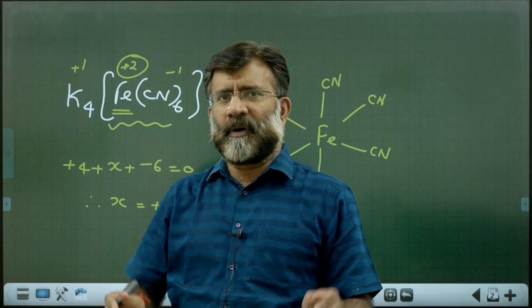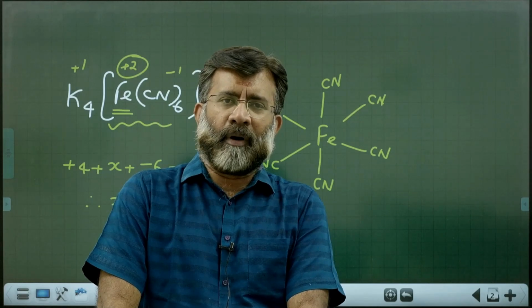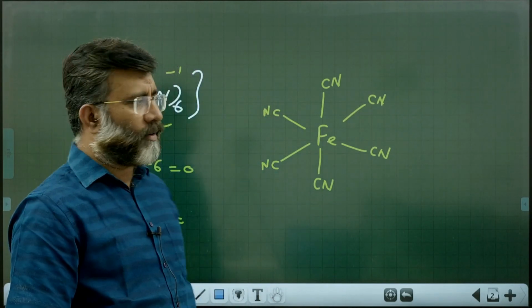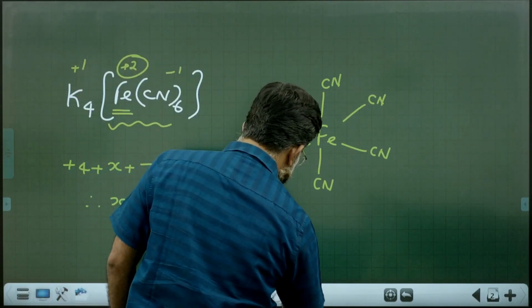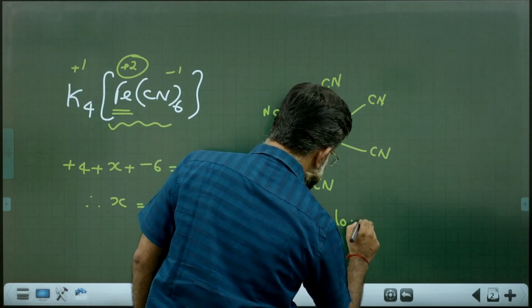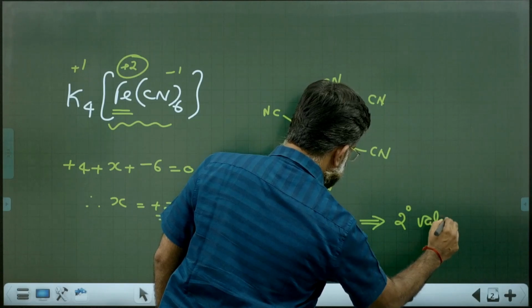These 6 bonds made by the cyanides surround the iron. The number of bonds made around the central metal atom is called the coordination number. Coordination number is in fact used by Werner as secondary valence.